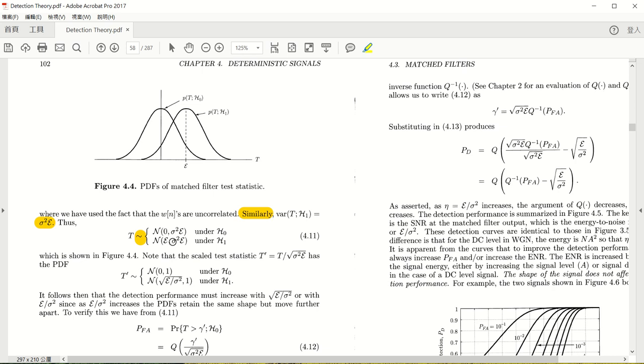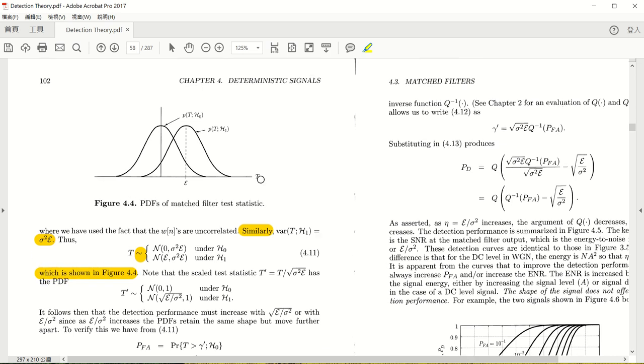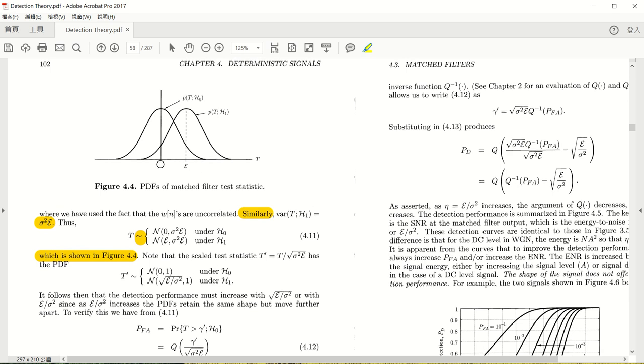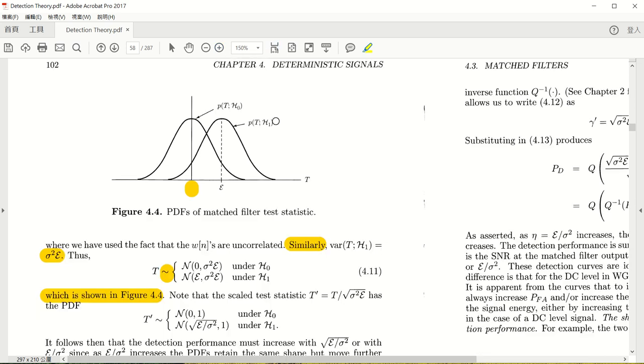Okay, so if we just show it out in figure 4.4, then we will see that you have zero mean. Right here we have zero. It's unwritten here, but we know it's zero. That's the probability density function of T under H0. And it has a variance.